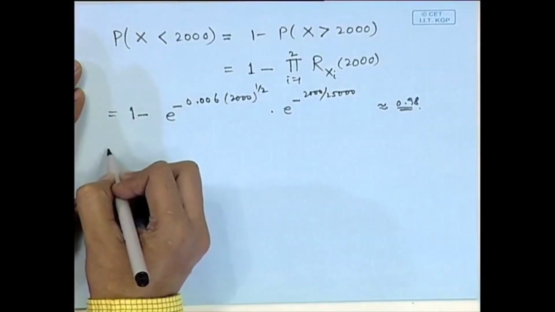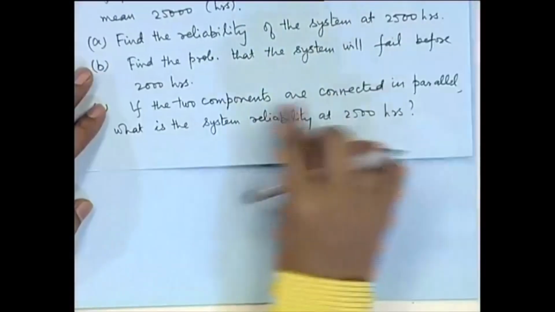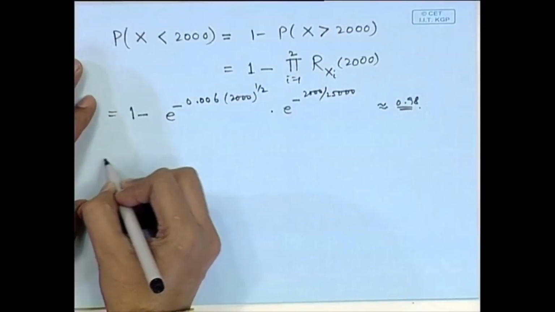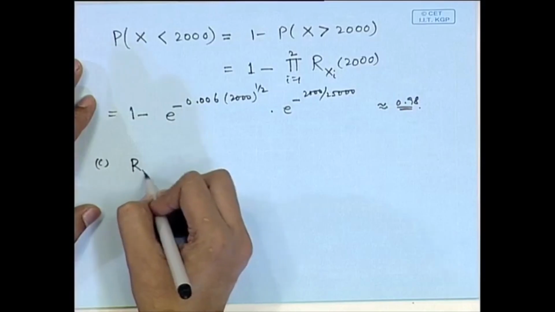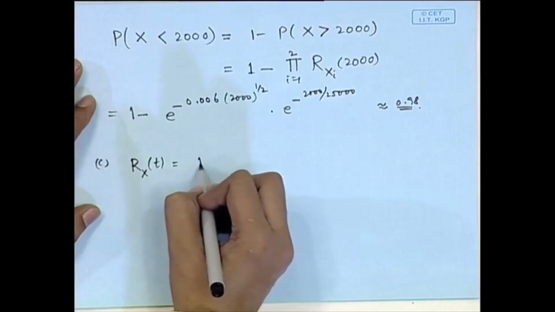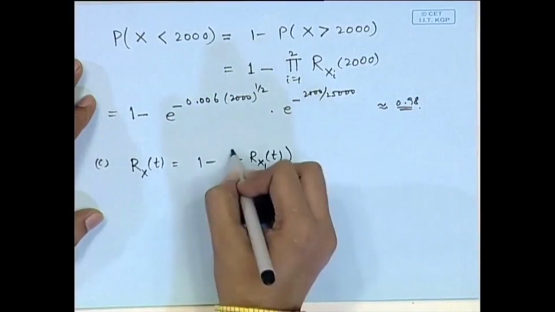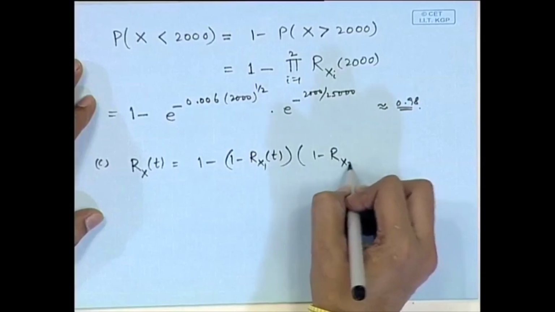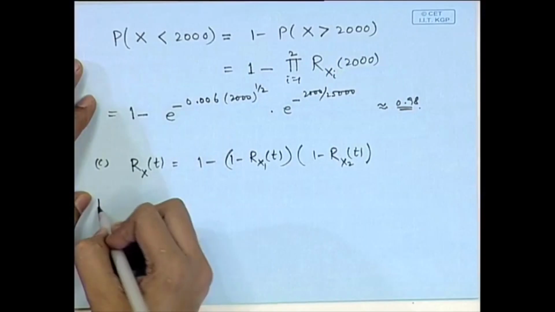In the third part, if the two components are connected in parallel, what is the reliability? If the components are connected in parallel, we have seen that the reliability of the system is given by 1 minus the product of (1 minus reliability of X1) and (1 minus reliability of X2).